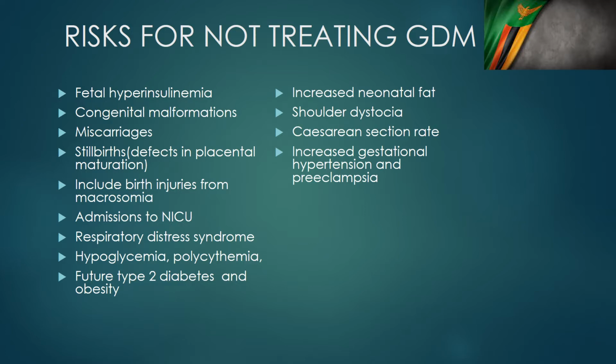So the pancreas has to produce more and more insulin because there's insulin resistance in the peripheral tissues, and this is driven by the placenta so that there is blood sugar available to the fetus in circulation.